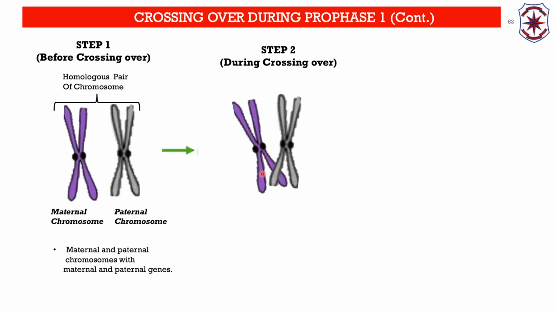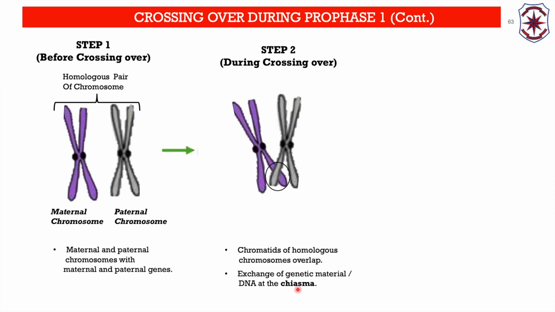Please do not say that they touch. Okay? Use the word overlap. Do not use the word touch. So there we have chromatids of homologous chromosomes. They overlap. Okay? Then there will be an exchange of genetic material or an exchange of DNA at the chiasma.